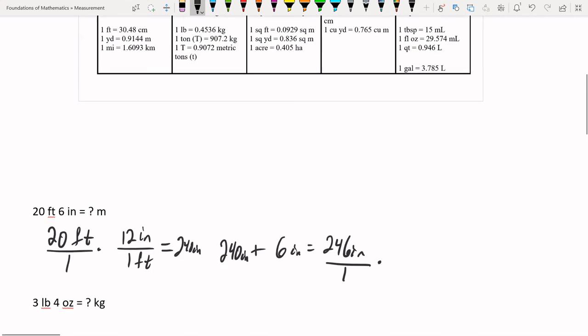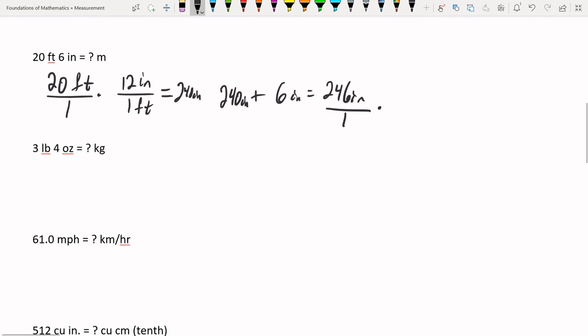1 inch is 2.54 centimeters. And there is 100 centimeters in 1 meter. Okay, and it looks like we have our desired unit.